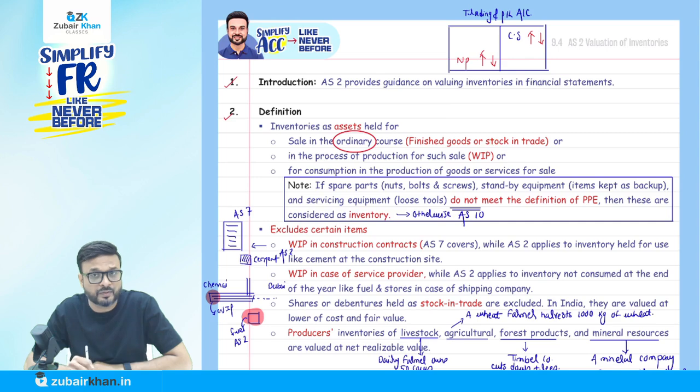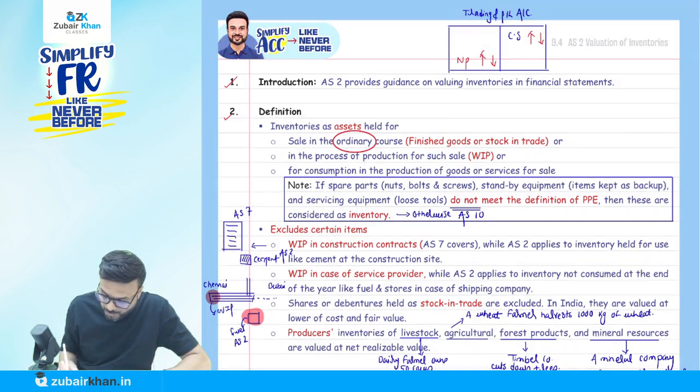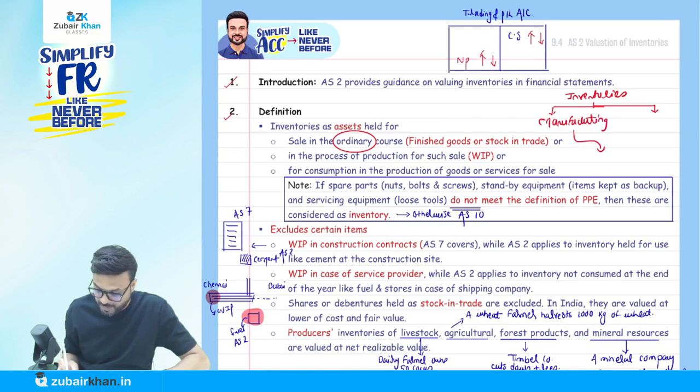What is the difference between finished goods and stock in trade? To understand this, first of all, when we talk about inventories, it might happen that the businessman is in the business of manufacturing. So when we talk about manufacturing, three types of inventories might exist. I will discuss the three types of inventory with you one by one. That is finished goods, WIP and raw material.